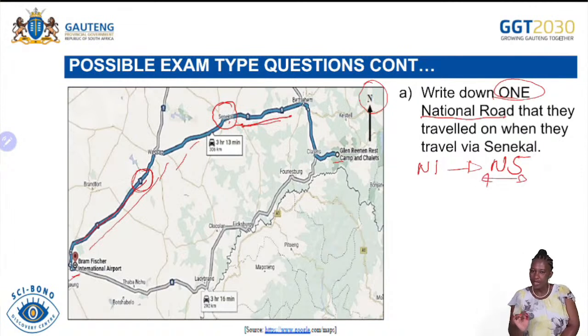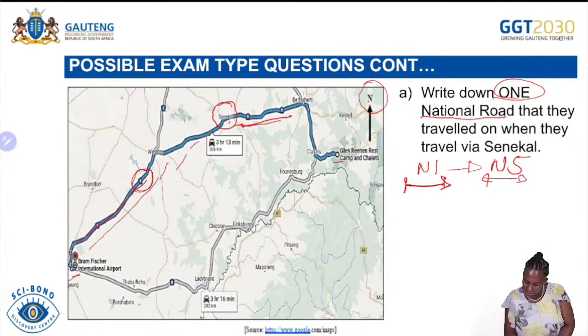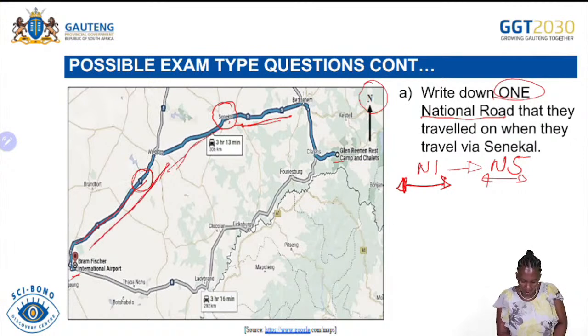So boys and girls, you will be given the mark if you write N1 or N5, because they traveled from Bram Fisher, they used N1, and then they continued from N1, they joined what? They used the route via Senegal, and then they chose what? N5. They traveled with N5.